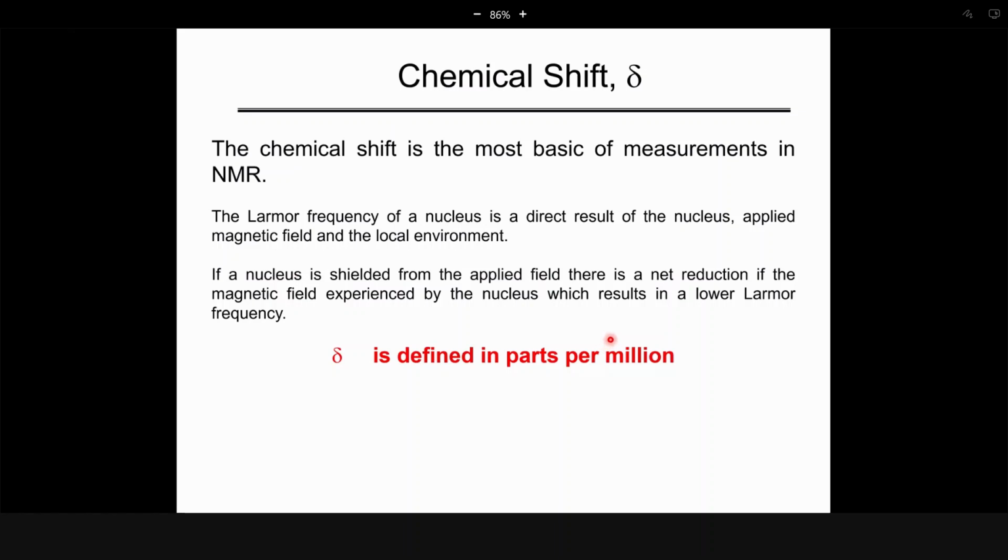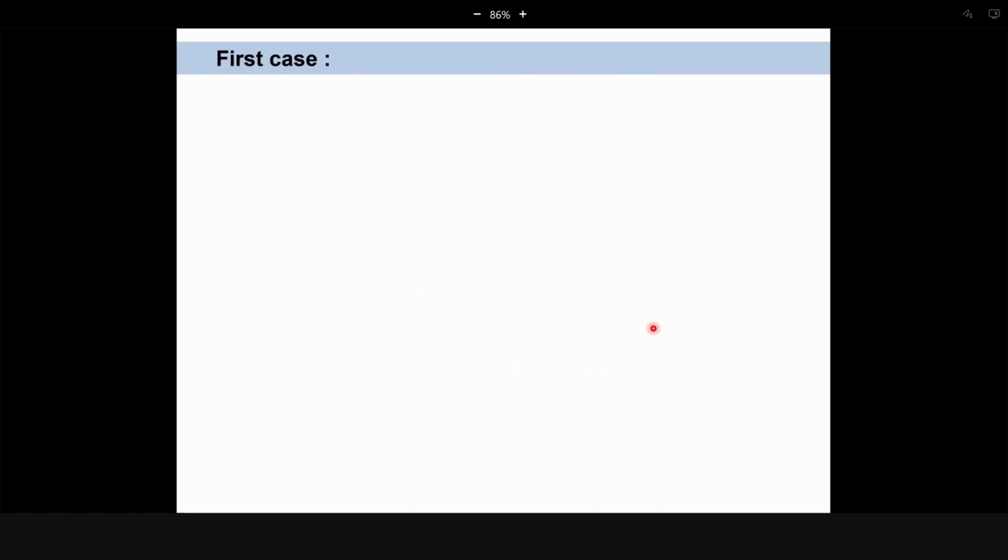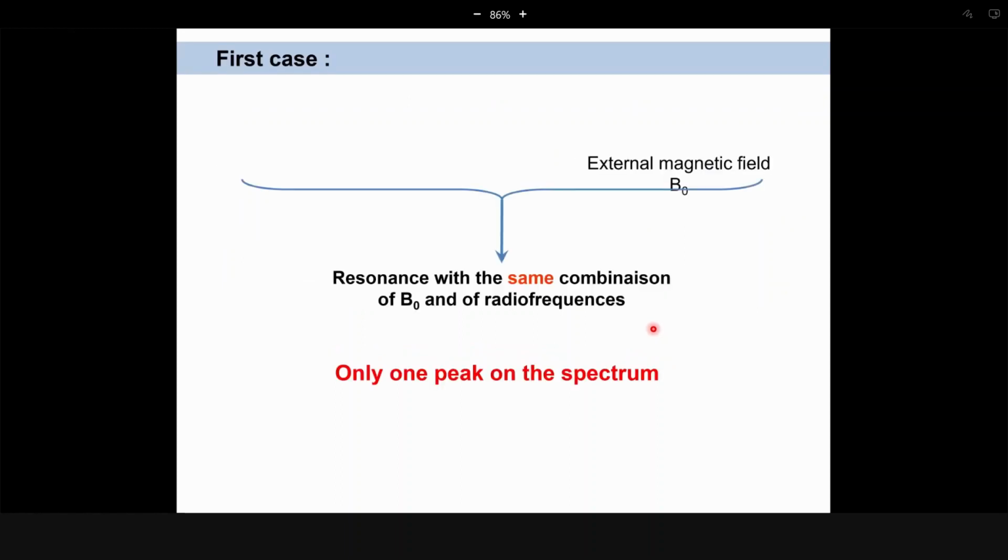So what is the chemical shift, and how is it different when we compare one atom to another? Parts per million. So how does it work? If we have only one proton in the sample, we apply B0 and then we apply B1, and we will have only one peak on the spectrum.